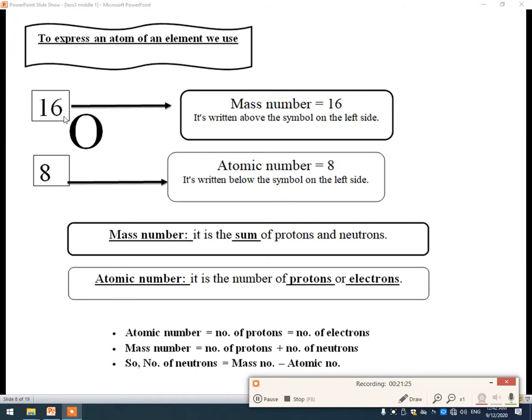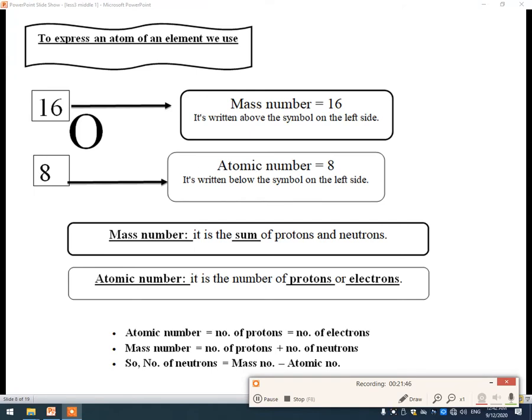The number which is written at the bottom left is called the atomic number. Take care, because this information is very, very important. What's meant by atomic number?